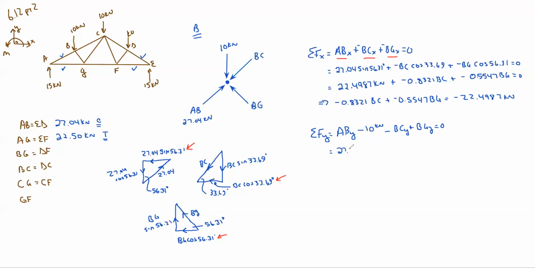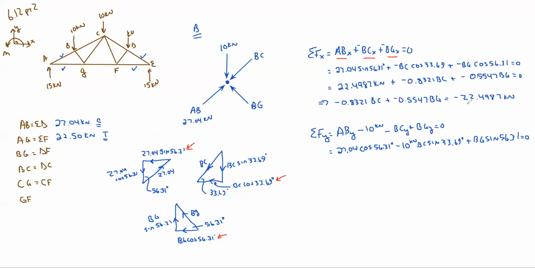That's 27.04 cosine 56.31 degrees minus 10 kilonewtons minus BC sine 33.69 degrees plus BG sine 56.31 degrees.